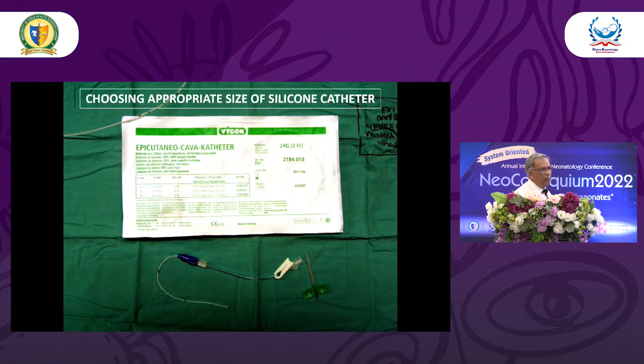So when we measure the required length of a long line, then we choose it. If we have to put it through the foot, it will be roughly about 27, 28 centimeter. Then we will choose this 31, and before opening it, we will see the number. It should be 2184. So that's how we choose the appropriate size.